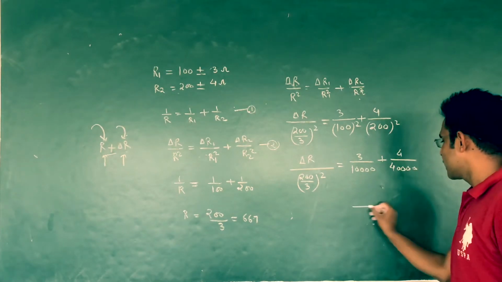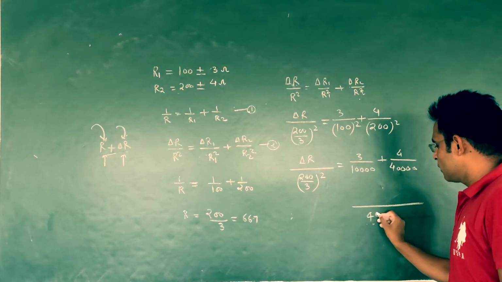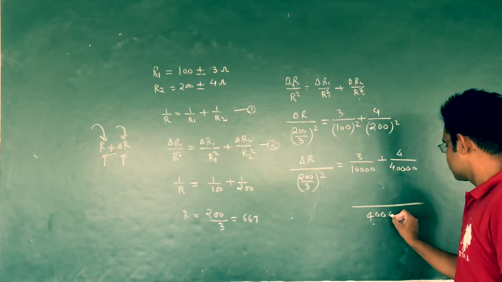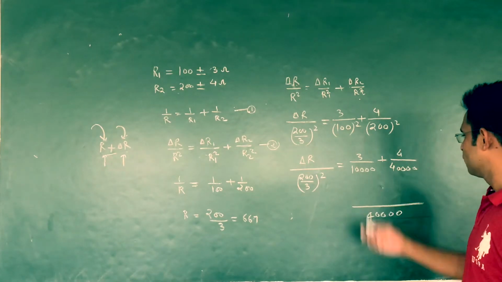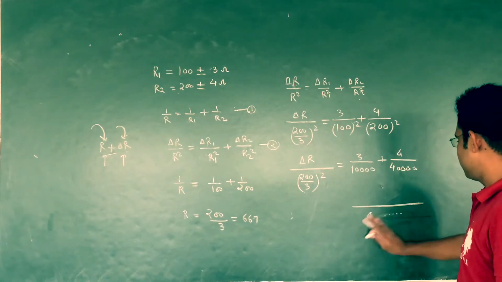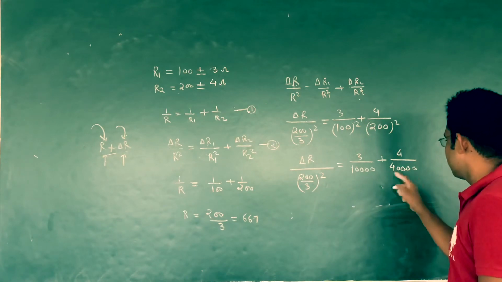If I take the LCM of this, that will be 40,000, and this will be 4. Better we do one thing, this 4 and 4 I cancel.